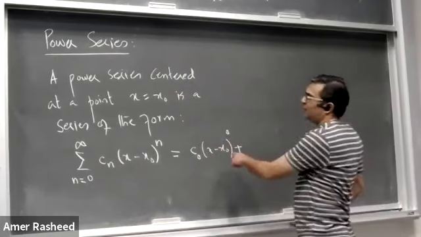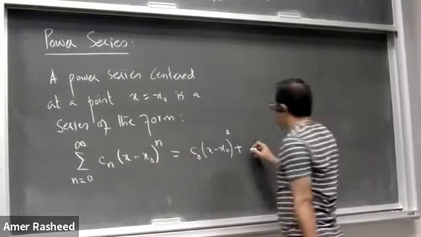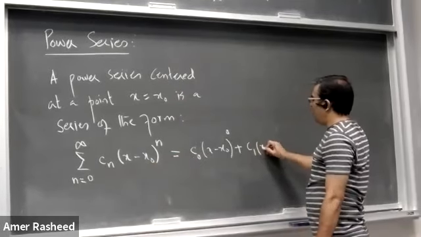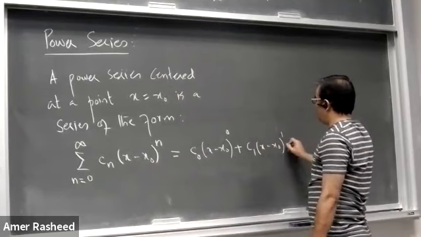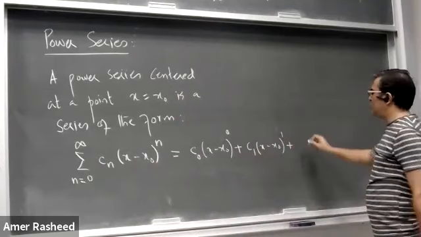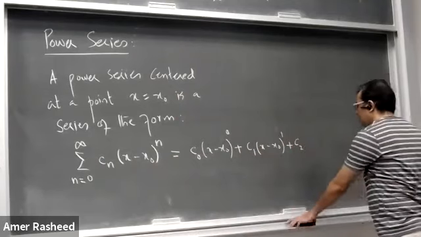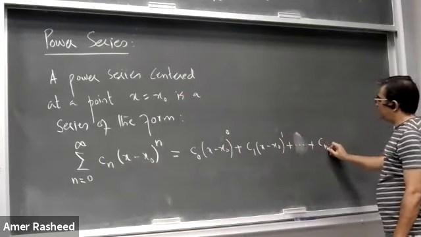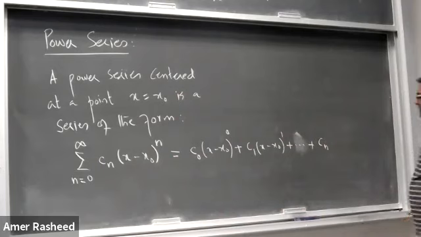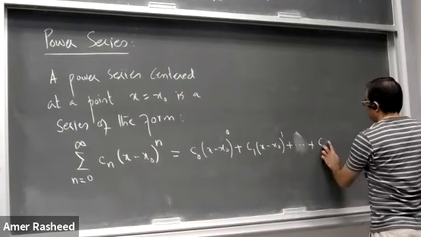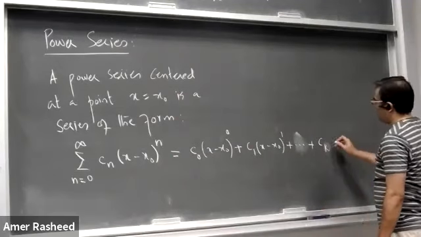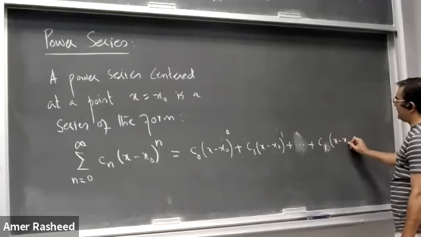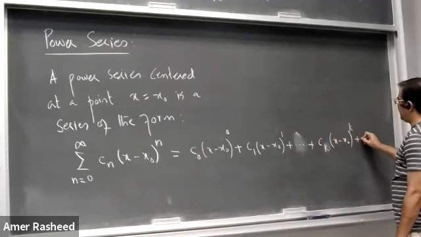Then plus, we put n equal to 1, so we get C1 times (x minus x naught) to the power 1. Plus, we put n equal to 2, we get C2, and so on, plus n equal to k, C_k (x minus x naught) to the power k, plus so on.